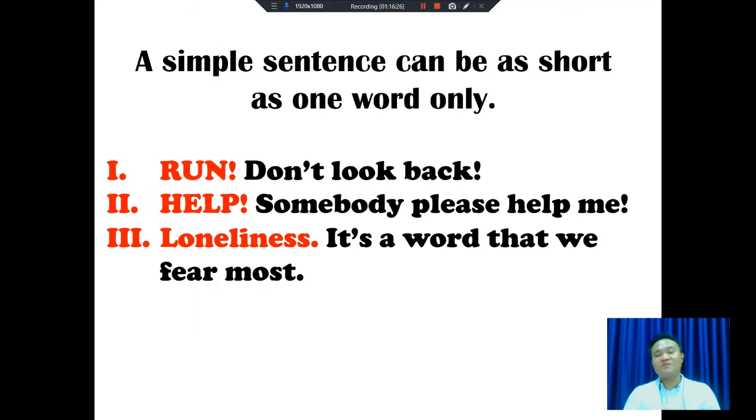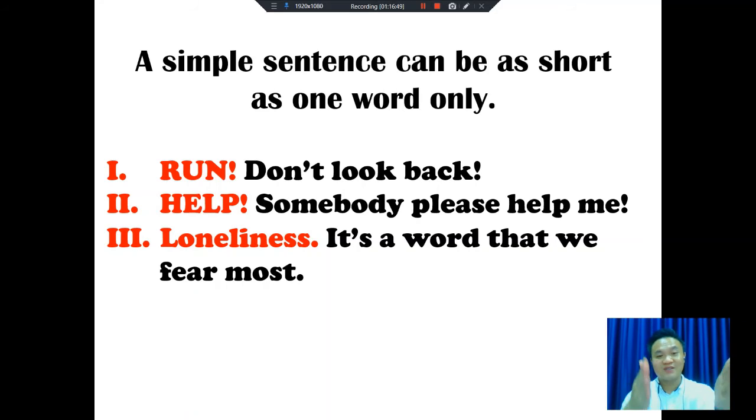Sometimes a simple sentence can be as short as one word only. Compared with the sentences just now, which had a few words, sometimes a simple sentence can be just one word. For example, here: Run, don't look back. Help, somebody please help me. Loneliness, it's a word that we fear most.